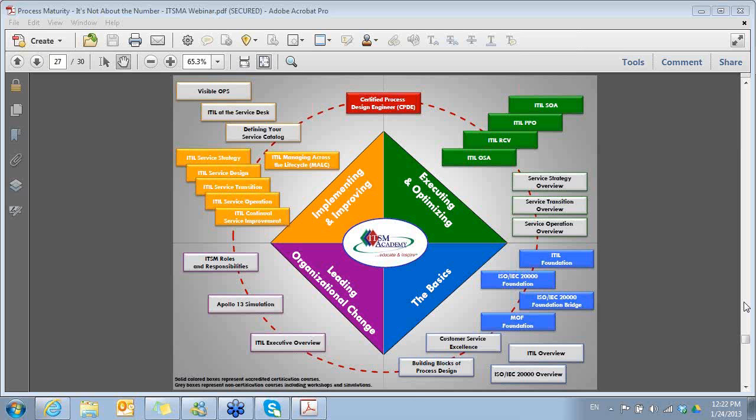Now, once you do that, if you've got well-designed processes, you actually can reorganize and still have your processes function efficiently and effectively, because here's where RACI comes into play: responsible, accountable, consulted, informed. You might have to redo your RACI chart to say, okay, we have these activities within this process. Who's now going to be responsible?